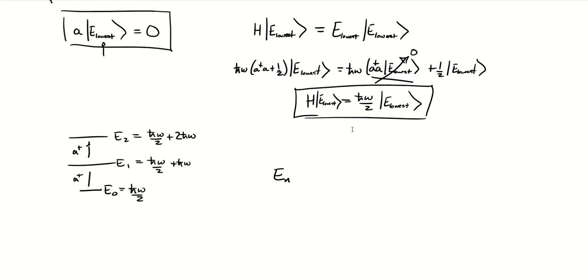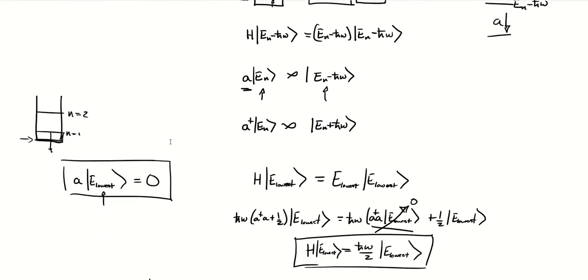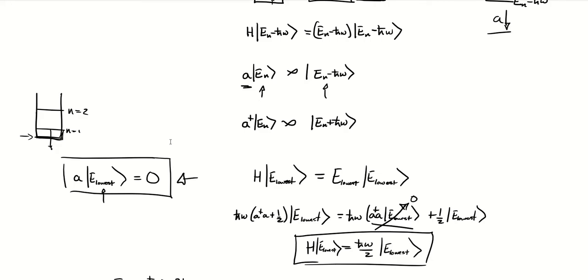So we've really figured out the spectrum of our harmonic oscillator is h bar omega times n, whatever level we're in, plus 1/2. And all of that came from essentially just looking at these commutation relationships as well as our ladder termination condition.